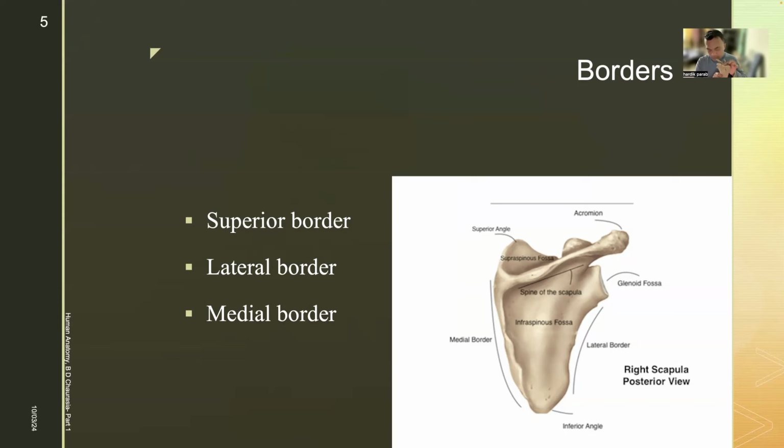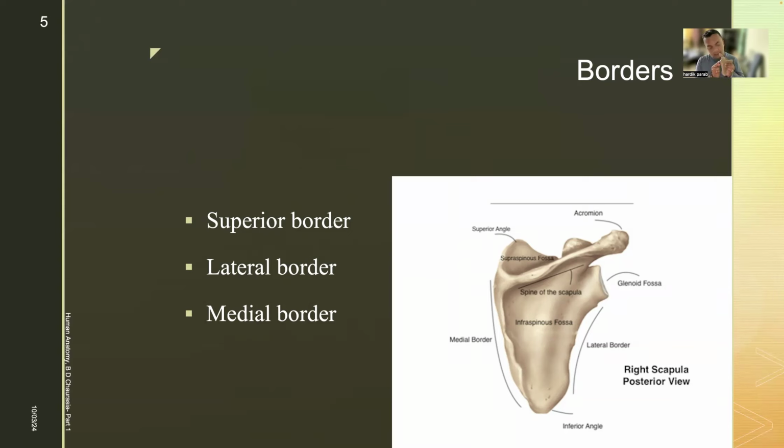So superior border is thin and very short, and near the end of it, it is making a coracoid process. So coracoid process, and it presents a suprascapular notch. So यहाँ पे होगा suprascapular notch. Then it has a medial border and lateral border. So lateral border is the thicker one.